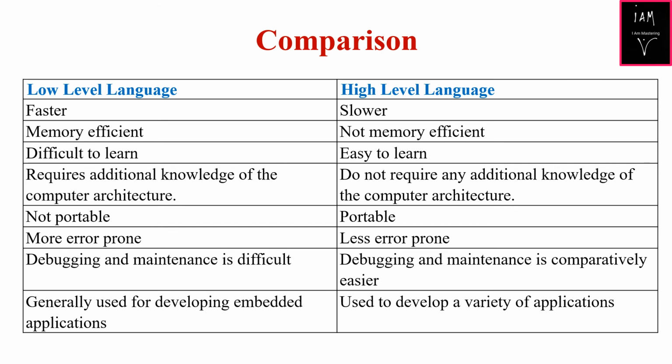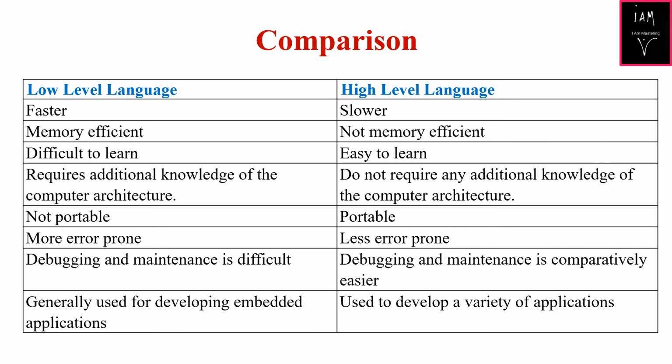Learning low-level languages requires additional knowledge and experience about the specific machine architecture. Programs in high-level languages are written using English language-like statements, which are much easier to remember than low-level binary codes or mnemonics. Hence, high-level language programming is easy compared with the low-level language programming.